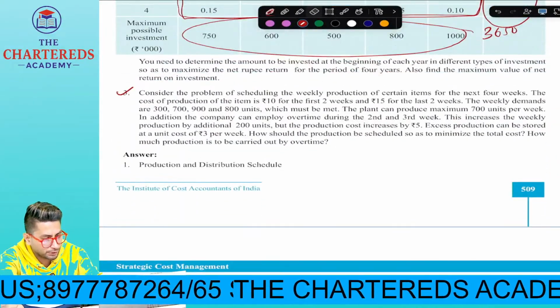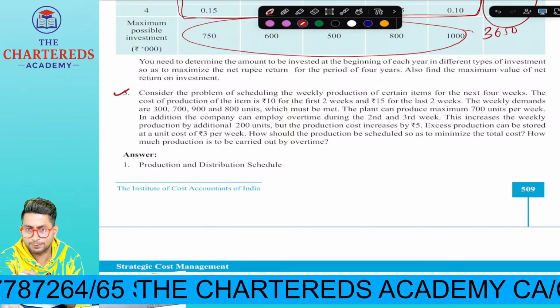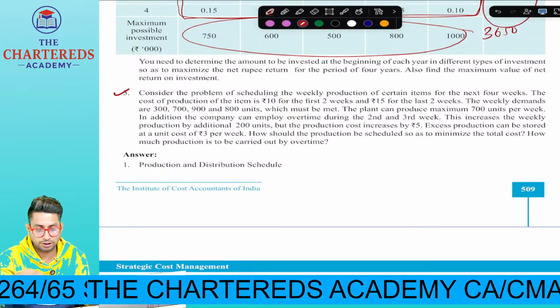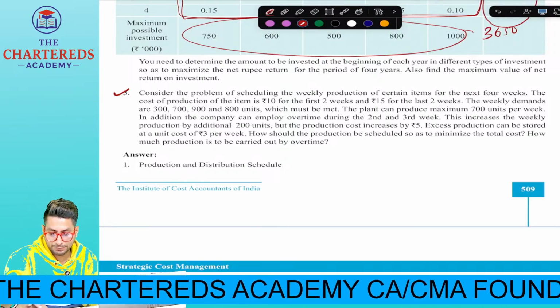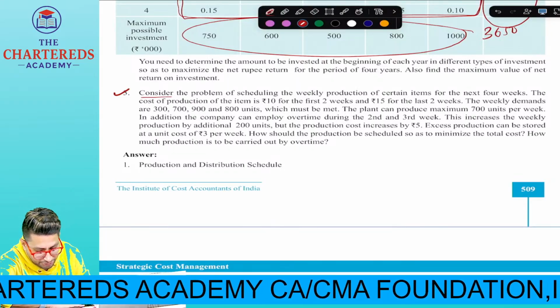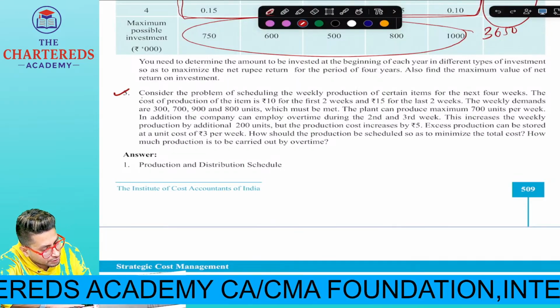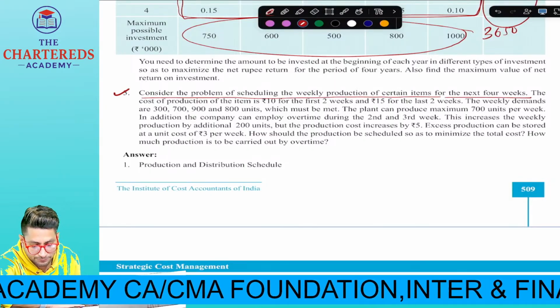Now this problem, I have never seen them asking this type of question, but if you are not lucky enough, they may ask it also. Here only IBFS is needed, because IBFS is the main thing for this problem. See here, consider the problem of scheduling the weekly production of a certain item for the next how many weeks? 4 weeks.